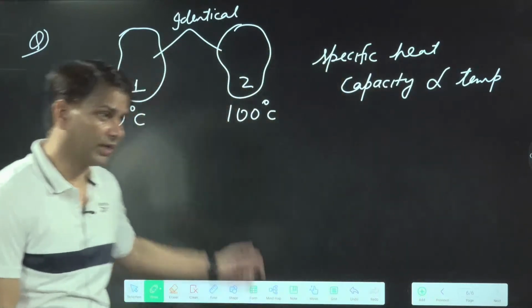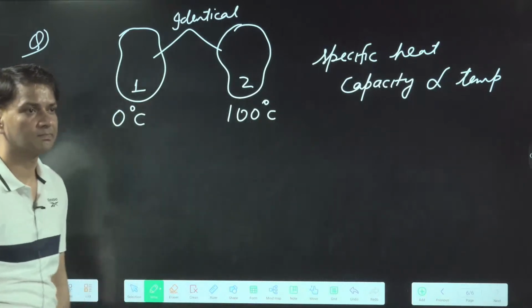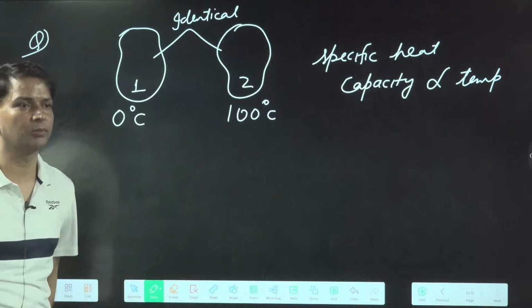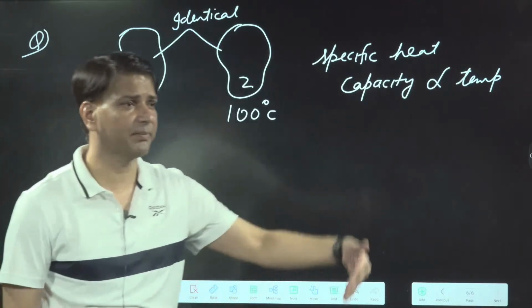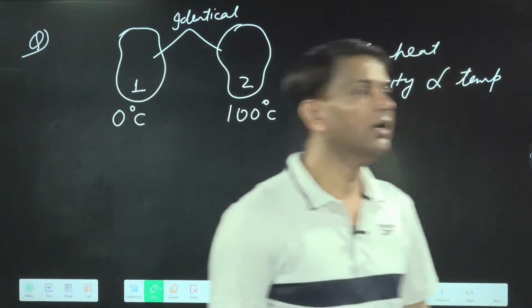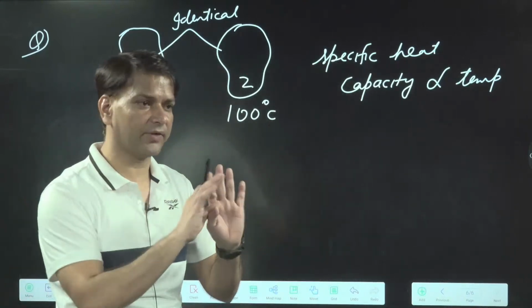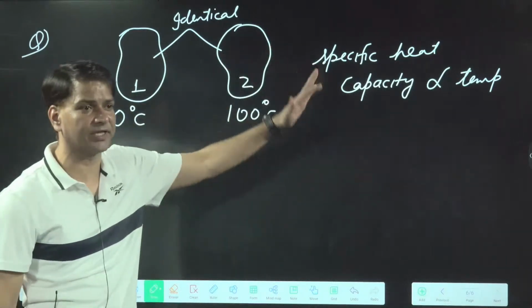So in bodies 1 and 2, which will have the more heat capacity? 2. Why? 2 is at the higher temperature. Other properties like mass and density are equal, but their temperatures are different. That's why their specific heats are different.